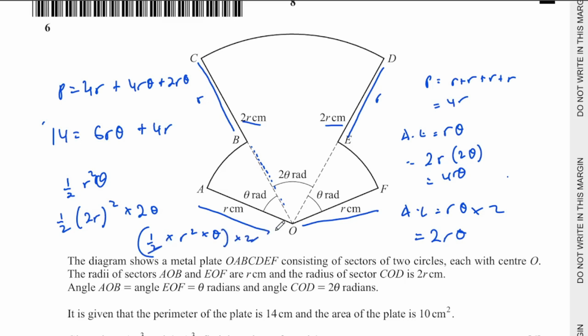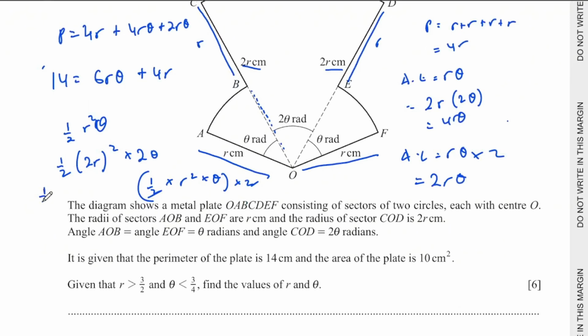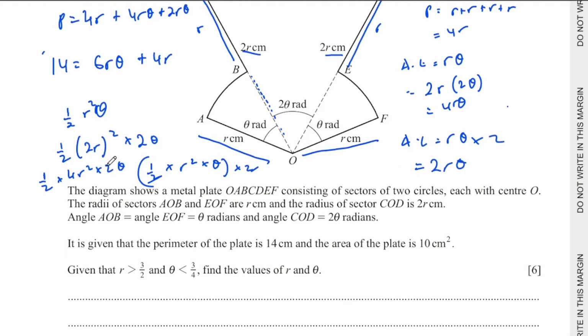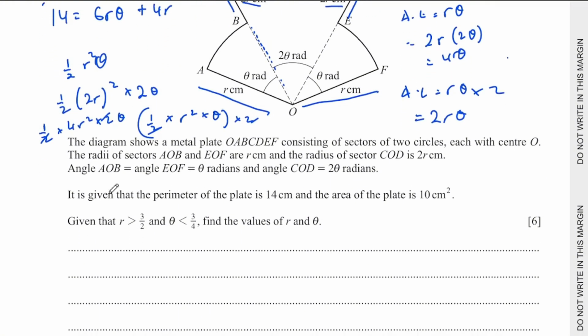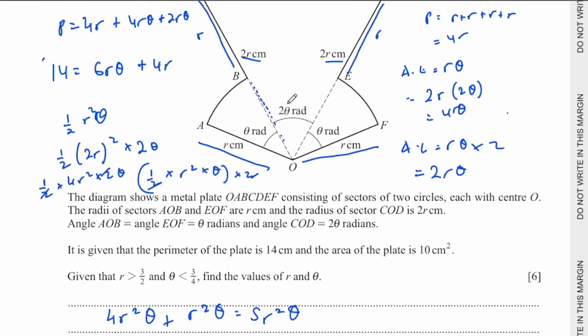And so the area is going to be half times 4r squared times 2 theta, which is just 4r squared theta. So we have 4r squared theta plus r squared theta, which is just 5r squared theta, which is the area of this shape, and this is going to be the perimeter of that shape.